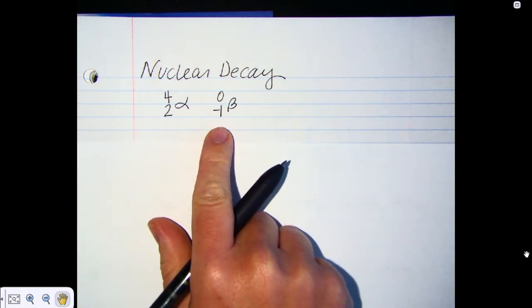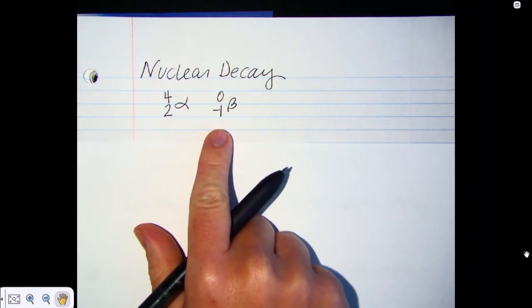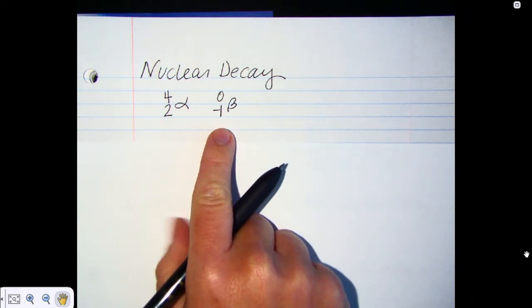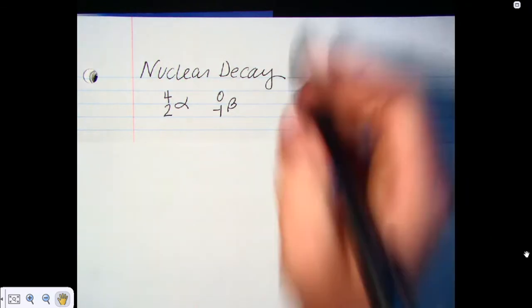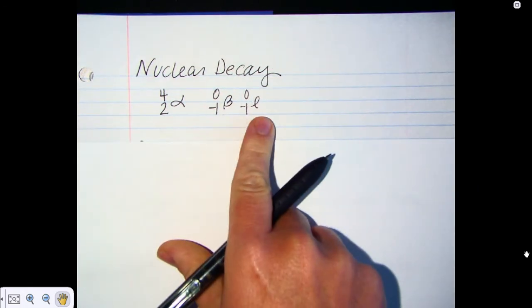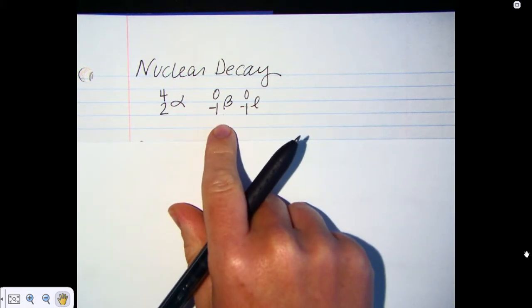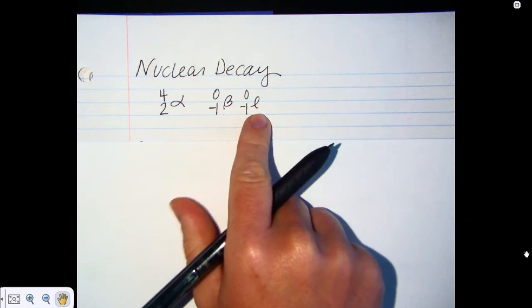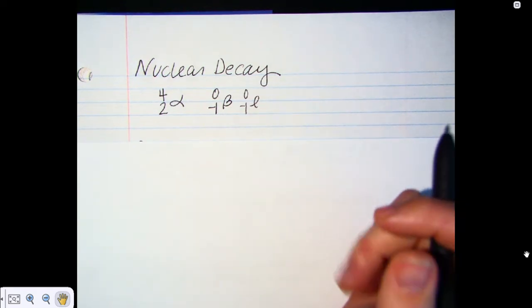What it actually has is an electron, and because electrons have essentially no mass, the symbol 0/-1 little e is often used interchangeably with the beta. I most often will use the beta just because sometimes the little e tends to look like the A, and you do want to avoid any sort of ambiguity.